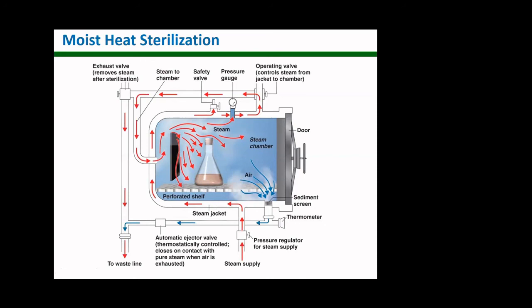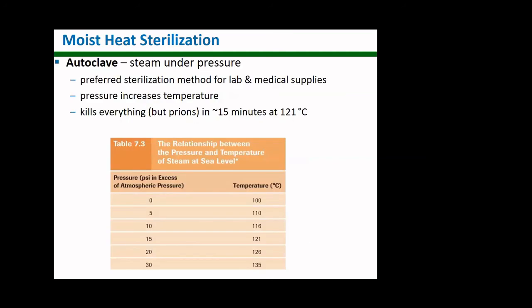So instead of steam at 100 degrees Celsius, that steam can now get up to 121 degrees Celsius, which doesn't sound like a lot, but it really is a big difference. That amount of heat for a long enough time can kill endospores. The pressure increases the temperature that steam can get up to, and then it can kill much more effectively.